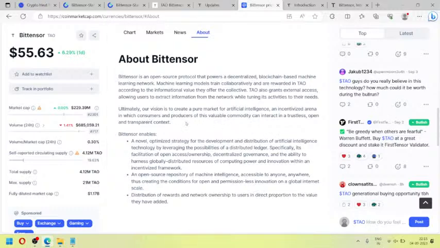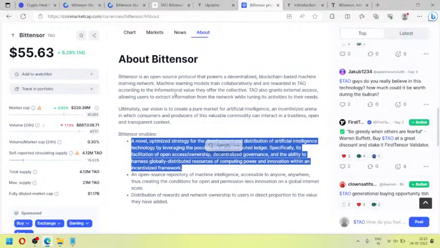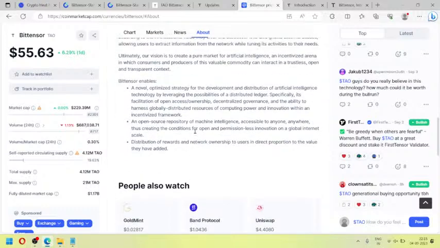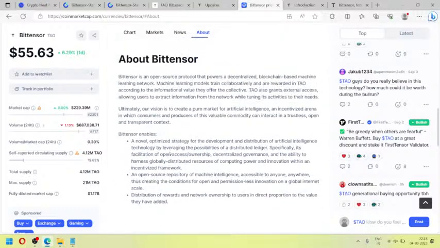Market consumers will get some incentives for buying these tokens and supporting Bittensor. What does Bittensor enable? A novel optimized strategy for the development and distribution of artificial intelligence technology by leveraging the position.